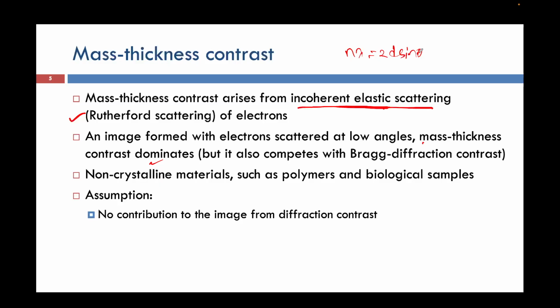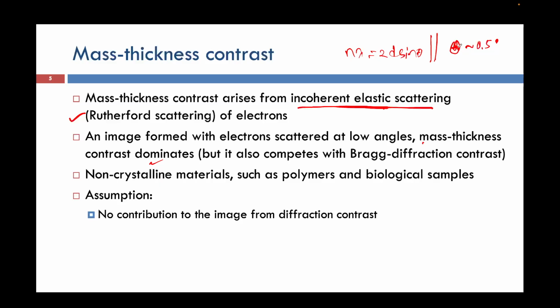For low angle, in the last class we have seen that theta will be almost close to 1 degree, I think 0.5 degree or something, when we are talking about some material. So this theta value will be very small.